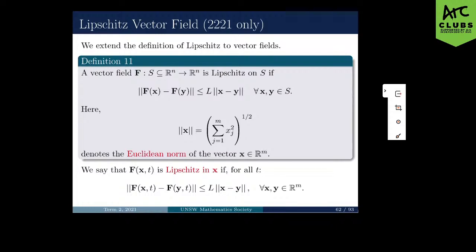So we can extend the concept of Lipschitz to vector fields and also vector valued functions. So essentially, we just replace the real valued function with vector valued functions and the real inputs with vector inputs, and we replace the absolute value with the Euclidean norm.